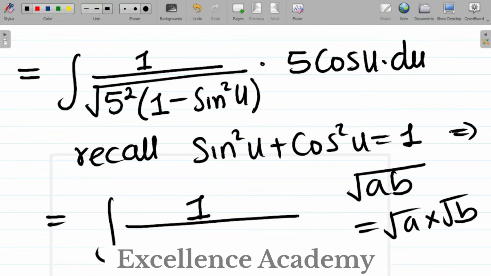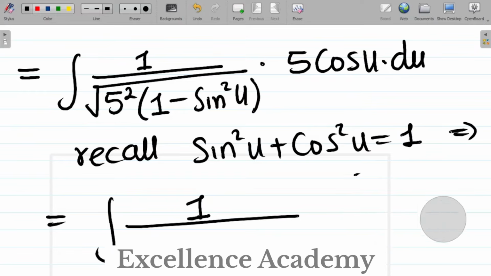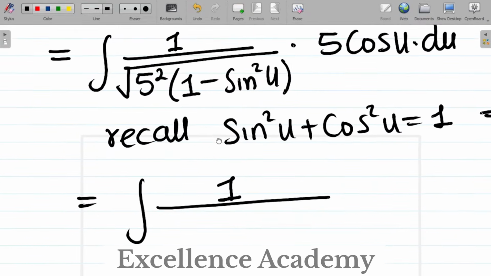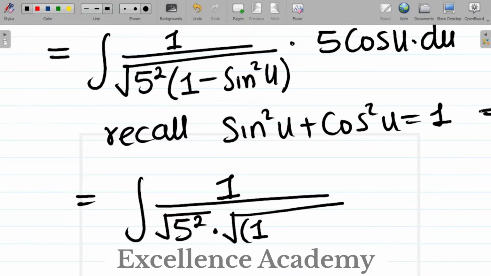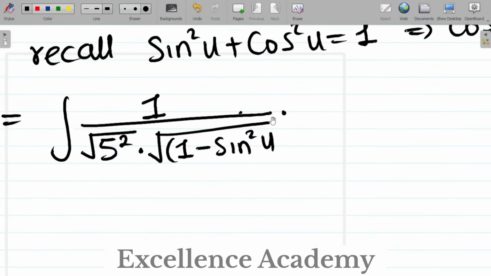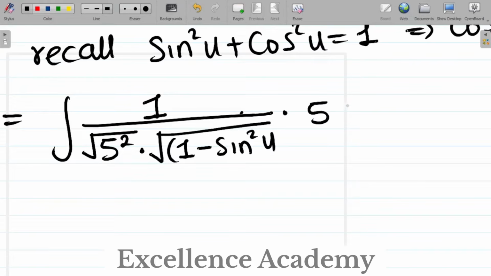So if you separate the terms, you have root 5 squared multiplying root of 1 minus sine squared u. This is correct, so you can separate them. This is multiplied by what I have here, 5 cos u du. For this one here, the square root cancels the square, so it's gone.